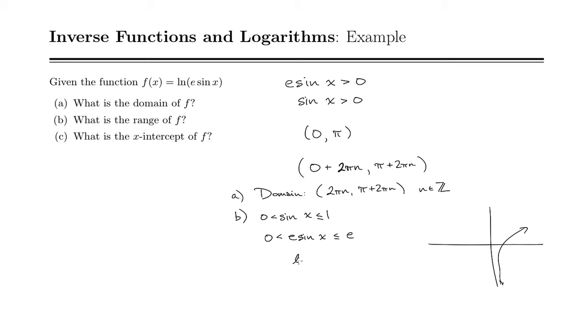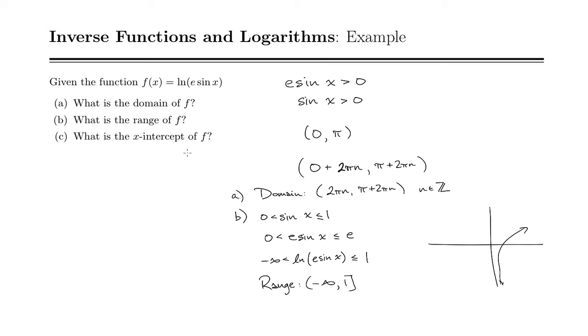And so our natural log of e sine of x will be, well, greater than negative infinity, and less than or equal to, and the natural log of e is 1. So our range is from negative infinity to 1. And we can certainly equal 1.